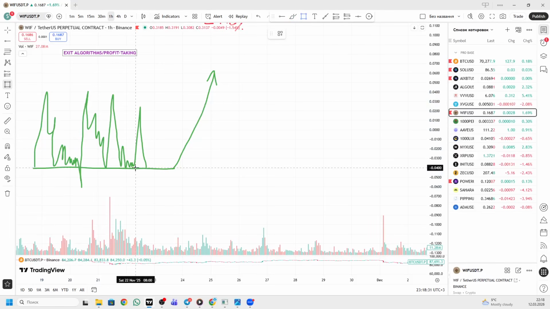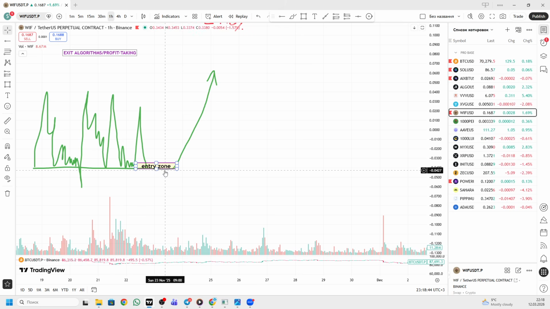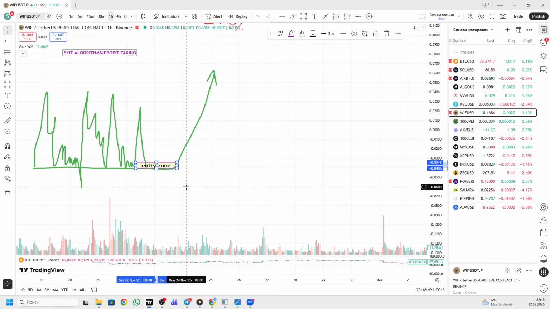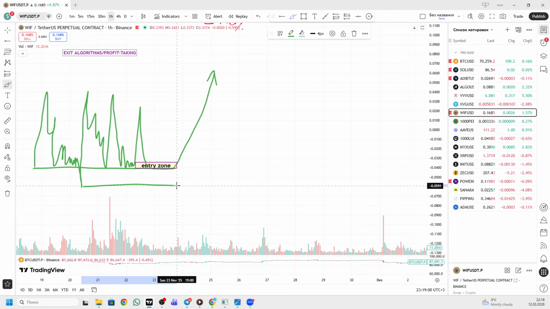Let's mark it. 0.4, 0.6, so it's the entry zone. So we put our stop loss here, for example. Here is the stop loss. Let's say 1.6.